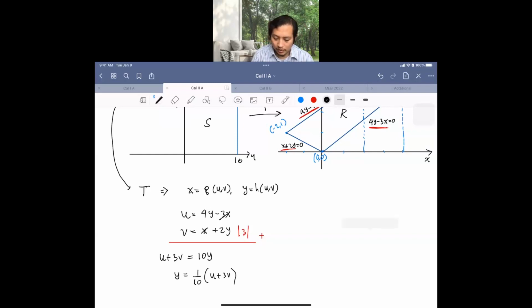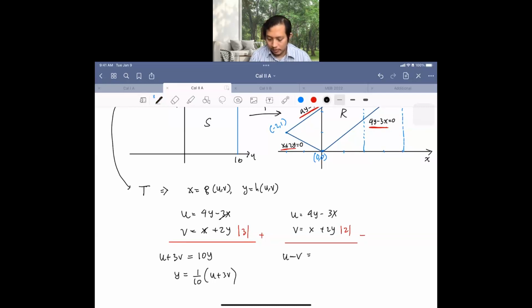And then take the other case for x. So we are going to multiply by 2. So this will be u minus v, and then equal minus 4x, right?